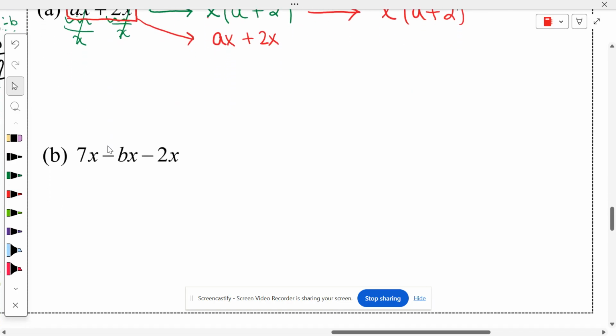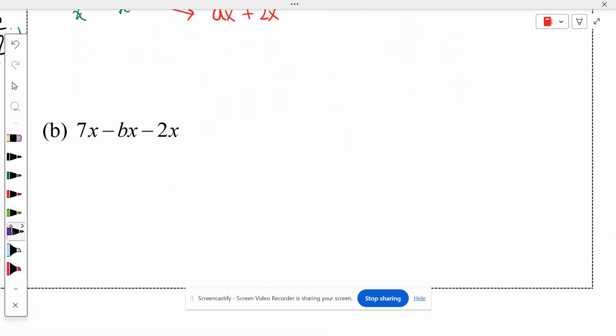So when I look at example B, what is something that each term has in common? Well, each term contains an x. So I can do the same thing. I can take an x out of each term. I'm going to divide each term by x. It's no different than dividing all even numbers by 2, right?